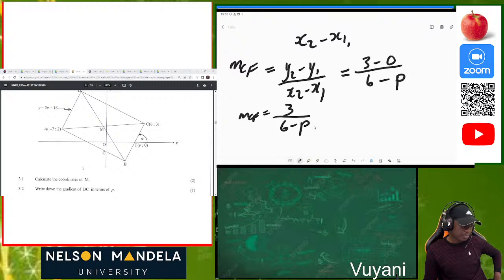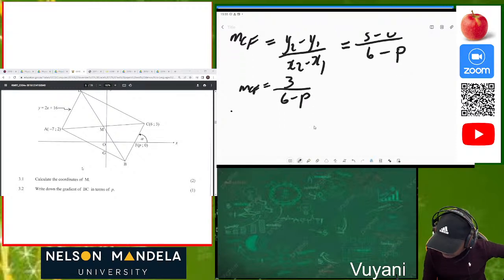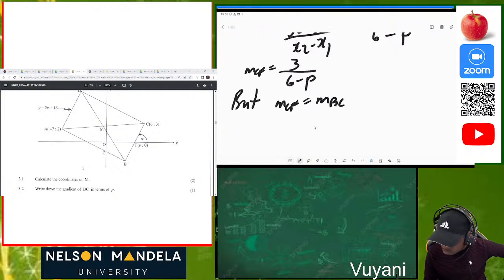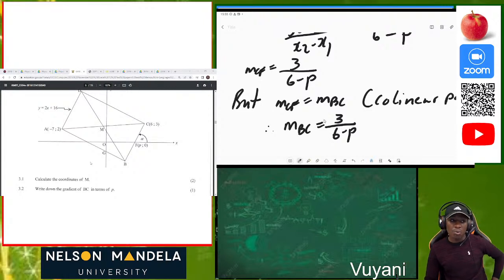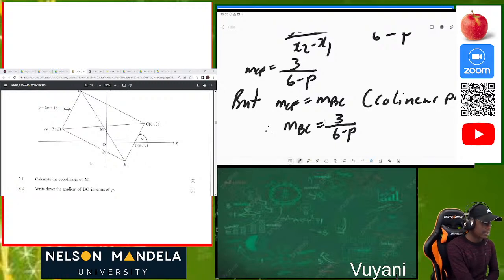But we know that the gradient of CF is the same as the gradient of BC. So therefore, the gradient of BC is equal to 3 over 6 minus p. They are collinear points. Why? All points are located in a straight line. So that's what we have now.